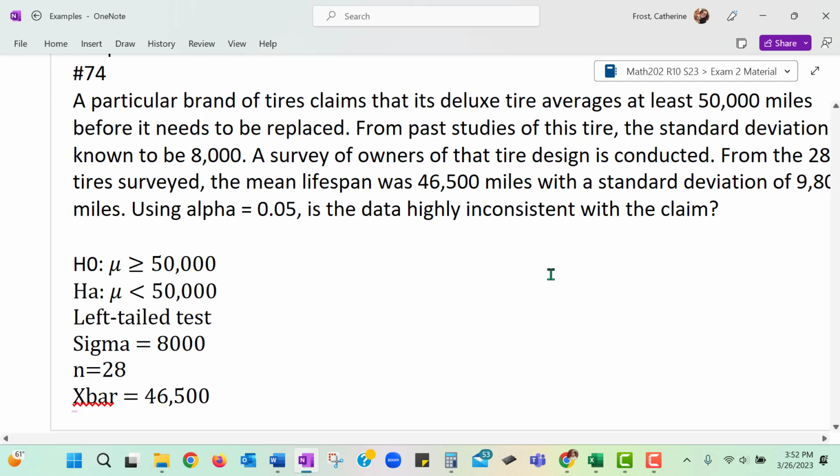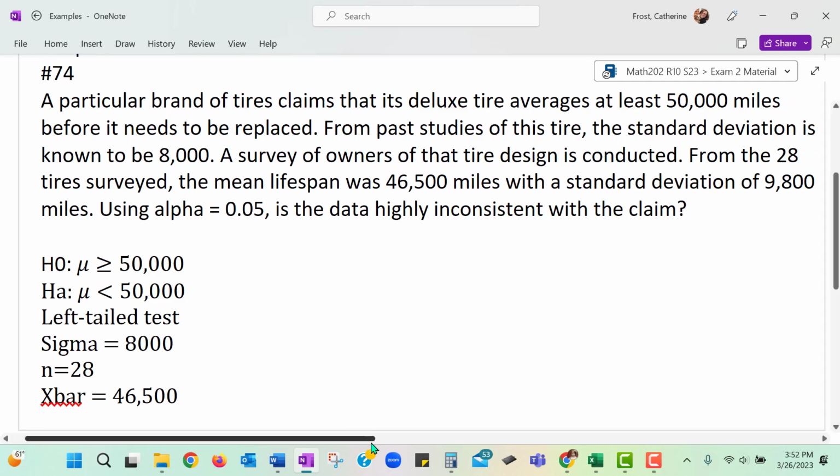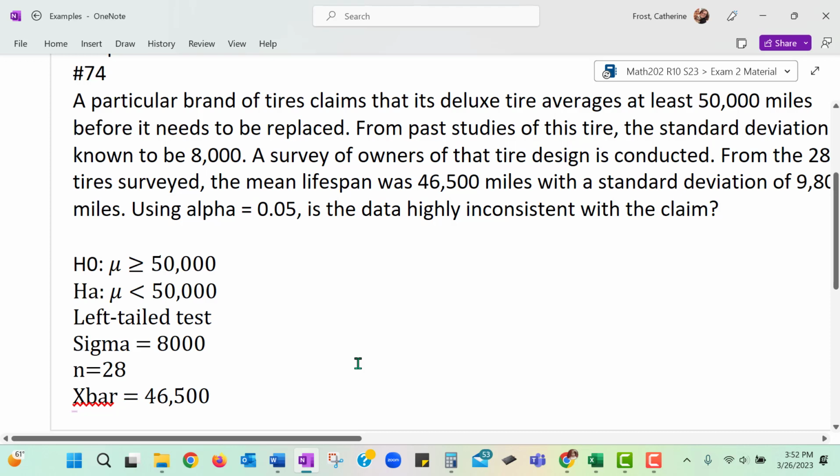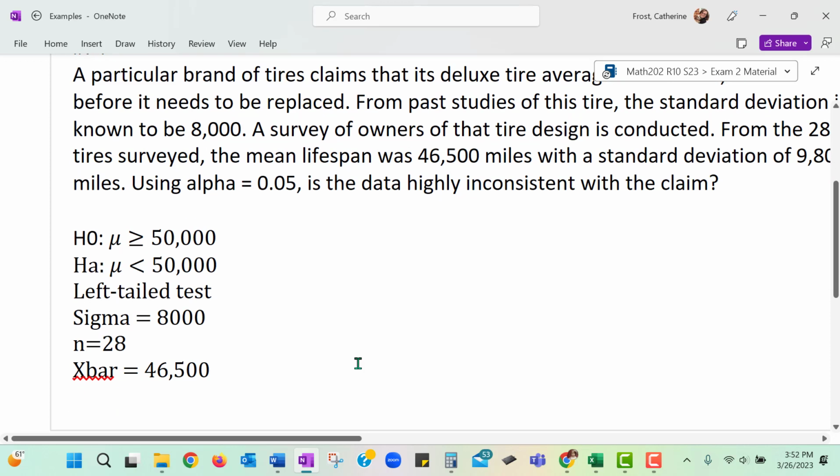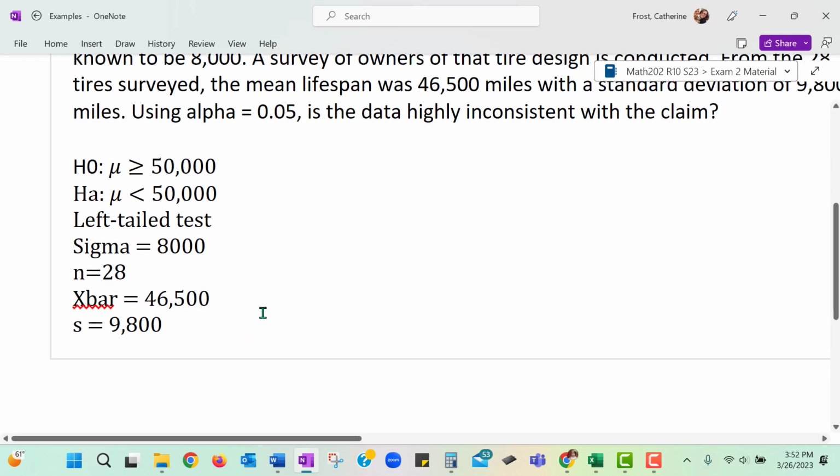And then the standard deviation for the sample was 9,800, which we don't really need, but we can go ahead and put it. That's supposed to be a lowercase s. And then alpha, our significance level, is of course 0.05.